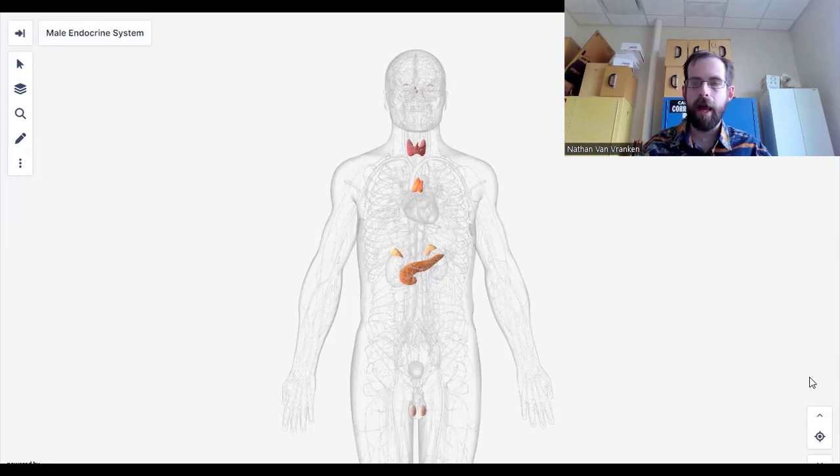When we take a look at the endocrine system, I've actually pulled up my Innerbody OER resource right here, and we can see that there are some structures visible. So when we take a look at the endocrine system, the big thing is it's all about maintaining homeostasis. The body will secrete hormones that will allow for homeostasis to occur and allow our bodies to be great.